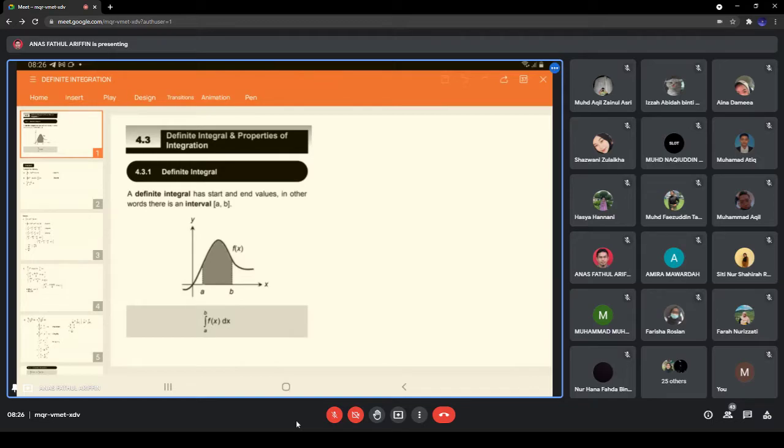Kita tak ada limit. So hari ni kita akan masuk definite integral and property of integration. Okay, kita tengok dulu definite integral. Sekejap saya ambil. Record jap.